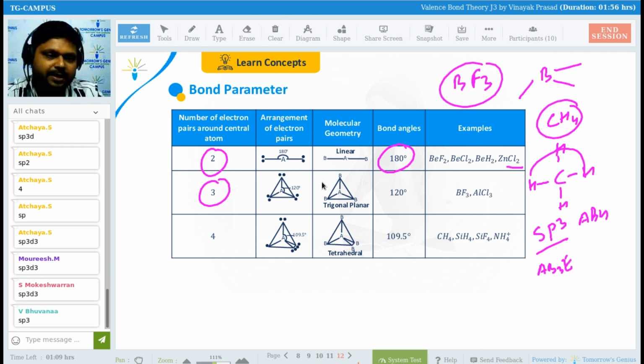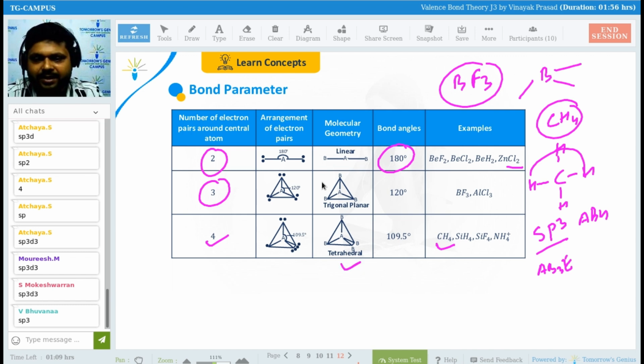Guys, now we'll be speeding up our class. I hope everybody is now understanding this thing. So I cannot wait much now, right? Now, see here. If there is CH4 type, then its bond angle will be 109.5 degrees, right? And its molecular geometry will be tetrahedral.